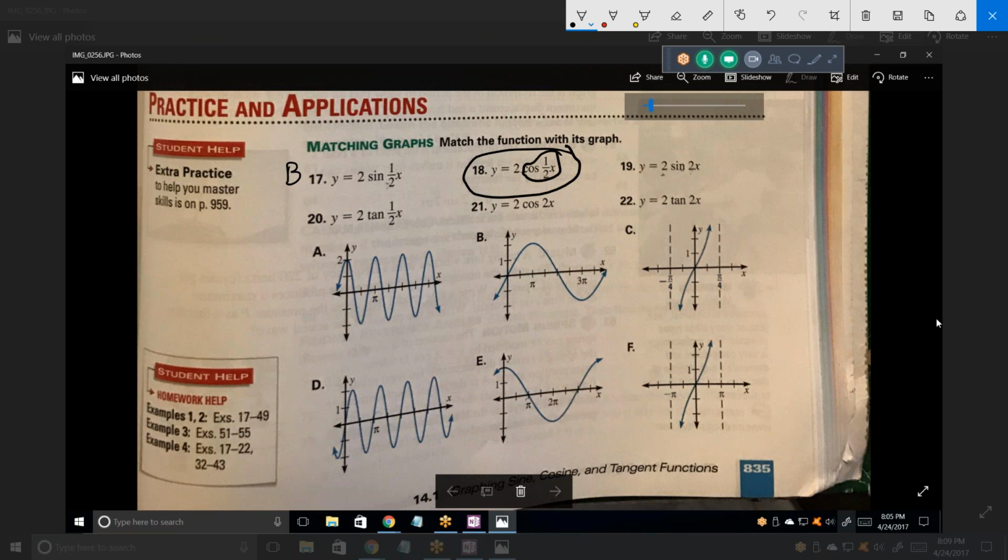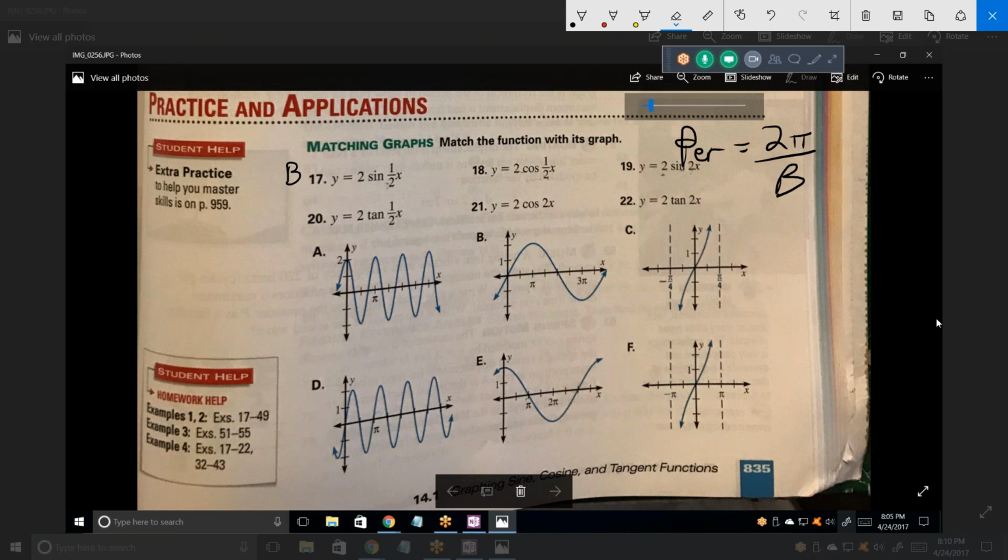That B of 1/2, because the period is always 2 pi over B. B is still 1/2. So we're still looking for a period of 4 pi, an amplitude of 2, but this time it's a cosine curve, not a sine curve.